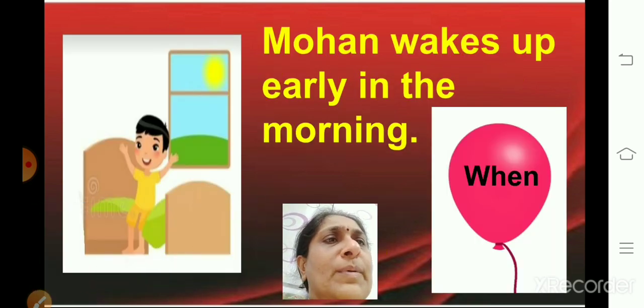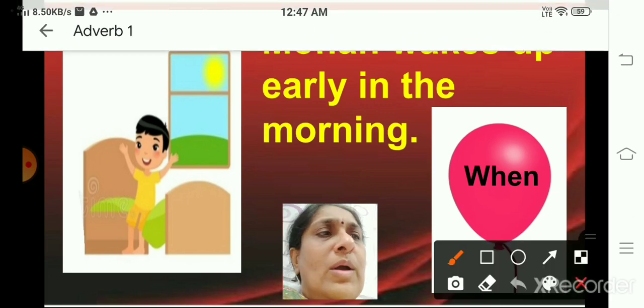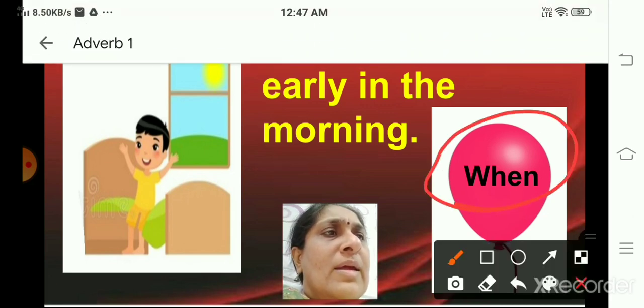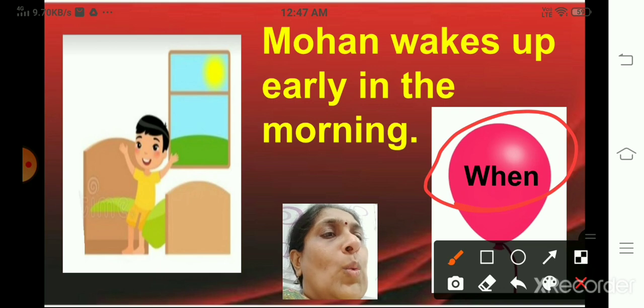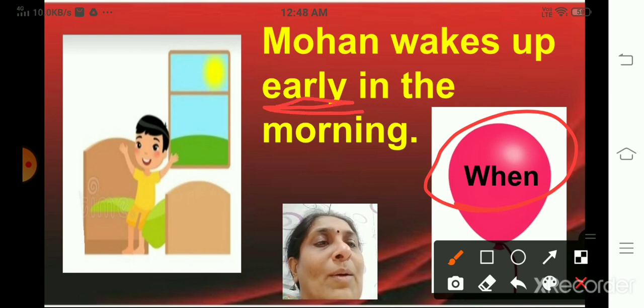Mohan wakes up early in the morning. Here, the word early tells us when Mohan wakes up.